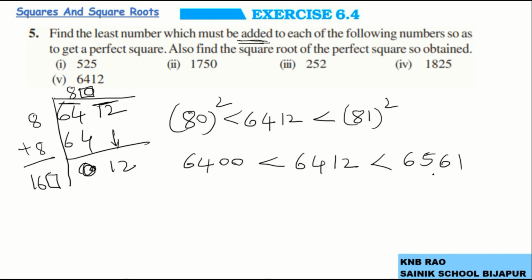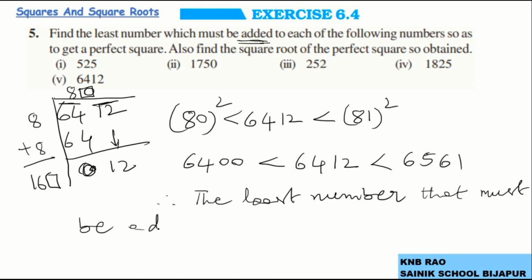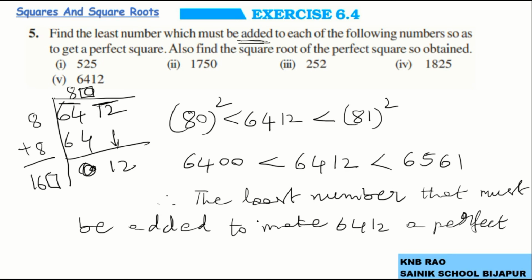So the least number that must be added to make 6412 a perfect square is 6561 minus 6412.